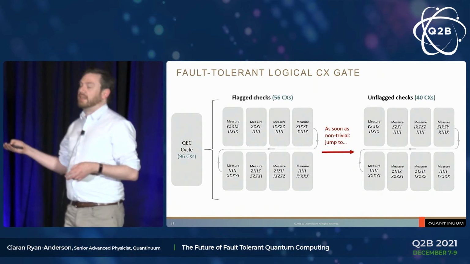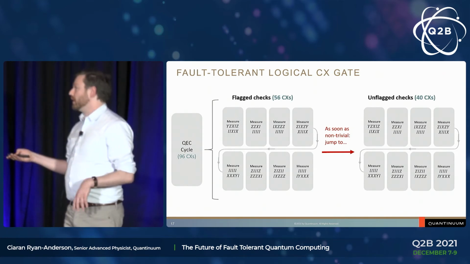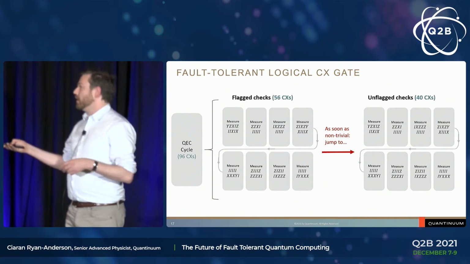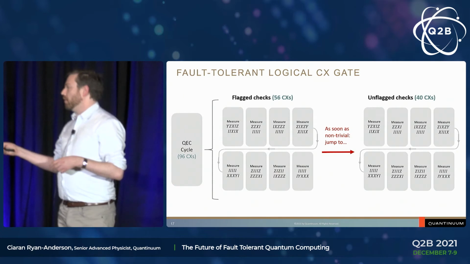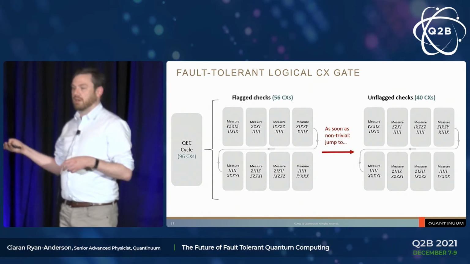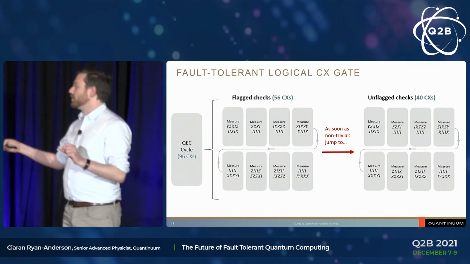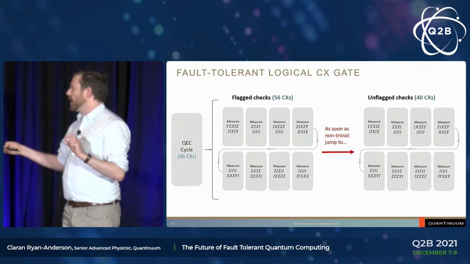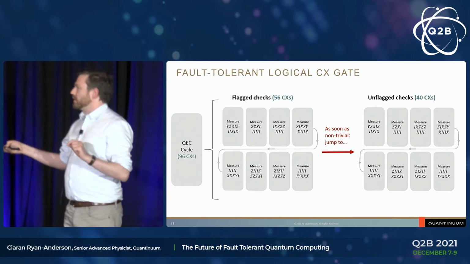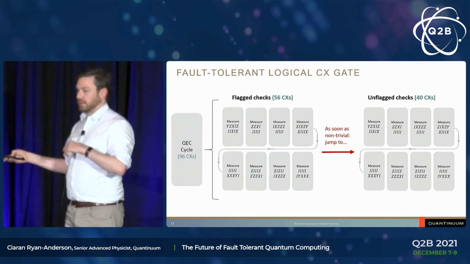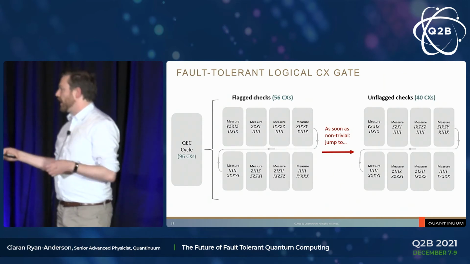And then, similarly to the previous results, we did a bunch of classical conditional gating depending on whether previous measurements are trivial or non-trivial. So we're sequentially using those 2 ancillas to measure these different operators in a flagged, fault-tolerant manner. As soon as we get a non-trivial result, we immediately conditionally branch over to these unflagged checks and remeasure all these checks using more naive circuits without this extra flagging.